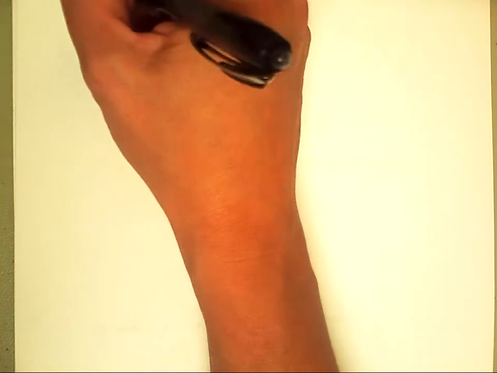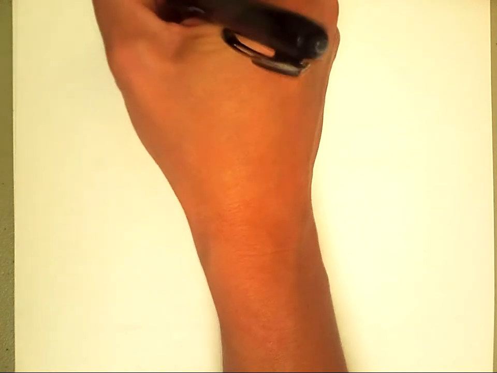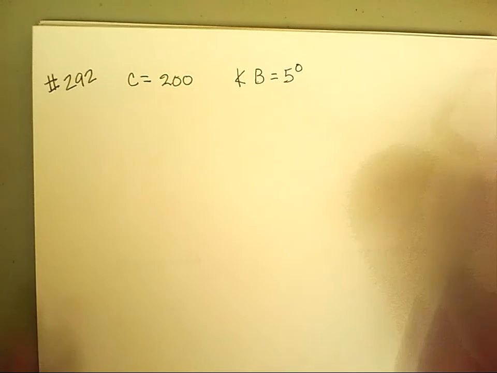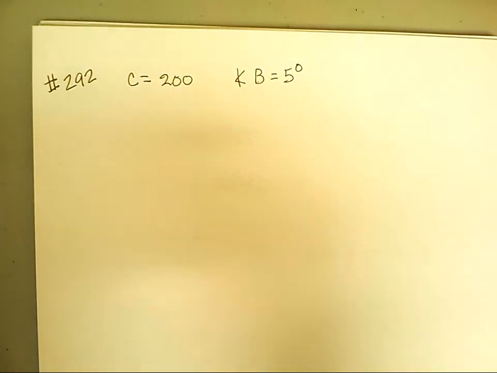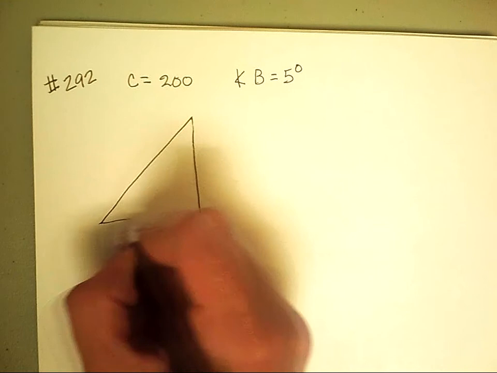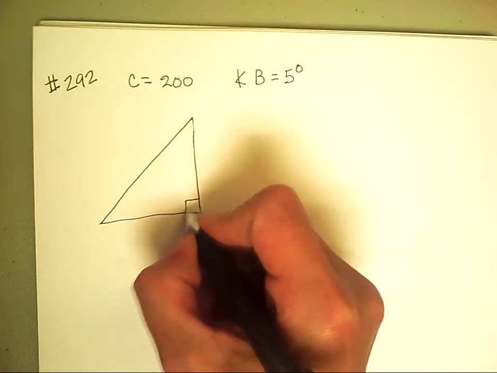In number 292, you're given that C is equal to 200, and angle B is equal to 5 degrees. Okay, so let's set up a triangle. These are right triangles.